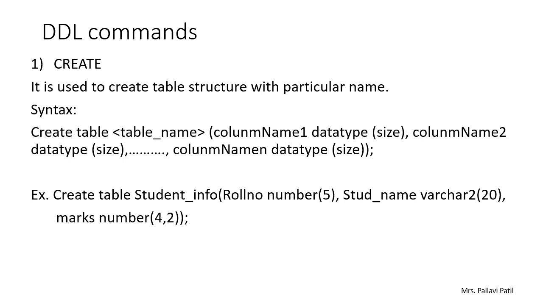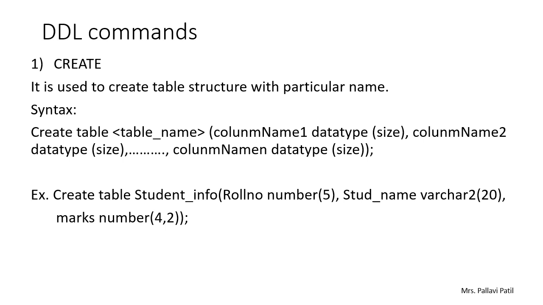The size is 5. Then the second column is student name. Here the data type is varchar2 and the size is 20. Then the next column is marks, and the data type is number. Here I have used a precision of 4 and scale of 2.